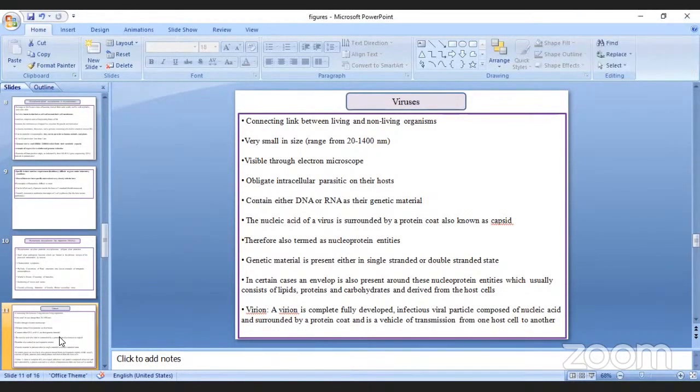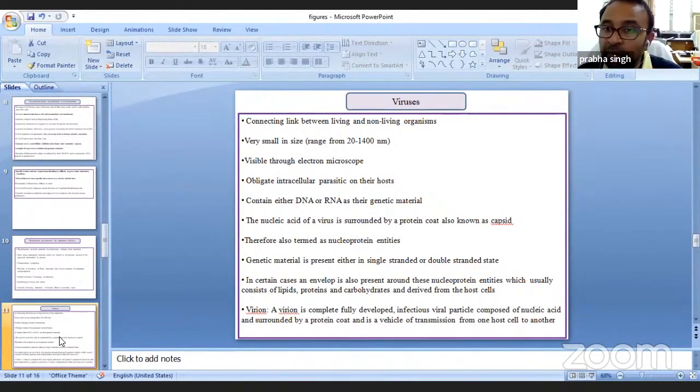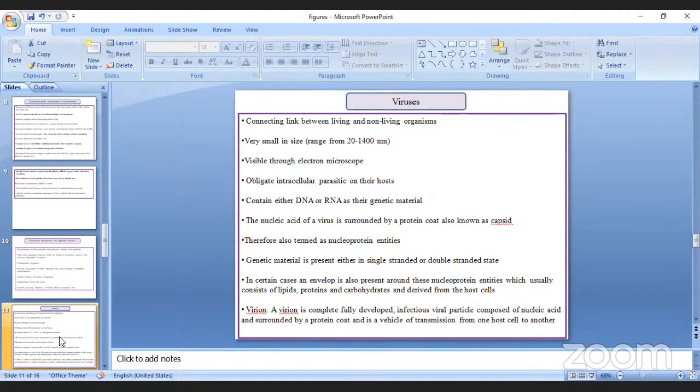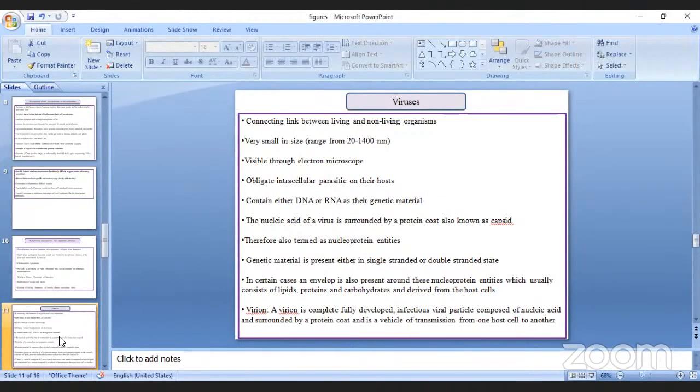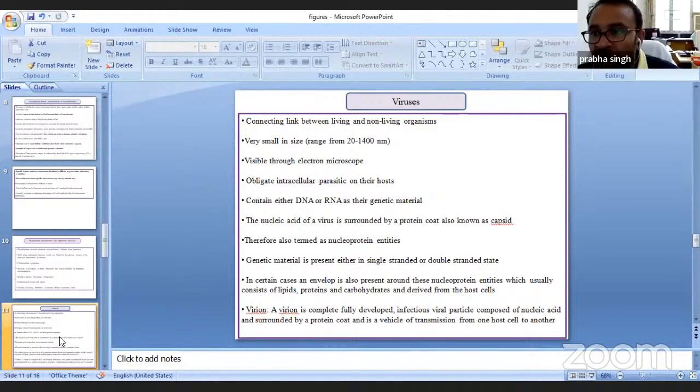Definitely it is derived from the host cell, but the chemical composition of the envelope is decided by the viral genome. What this membrane contains definitely has host components also, but certain protein components in the envelope are decided by the viral genome, not by the host genome. So coronavirus contains an envelope. It is an example of an enveloped virus.